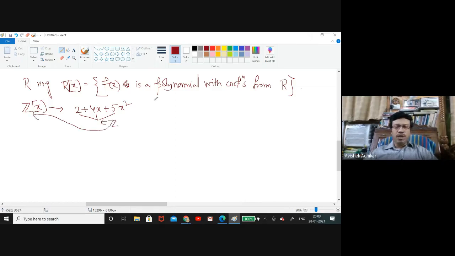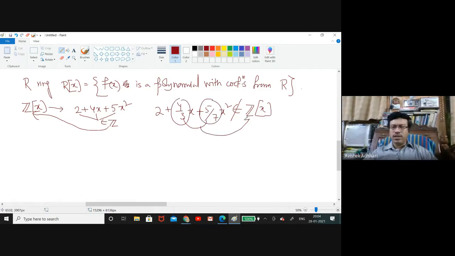But 2 plus 4 by 3 x plus 5 by 7 x squared does not belong to Z[x]. Why not? Because these coefficients are not within Z.